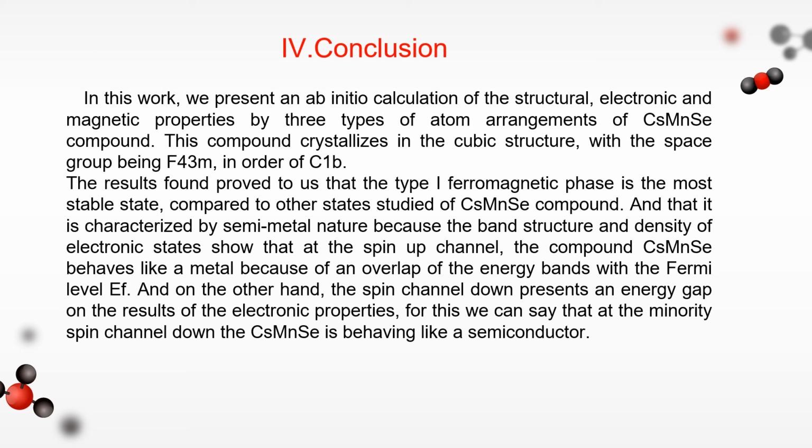Finally, we have the conclusion. In this work, we present an ab initio calculation of structural, electronic, and magnetic properties for three types of atom arrangement of the CSM and SE compound.